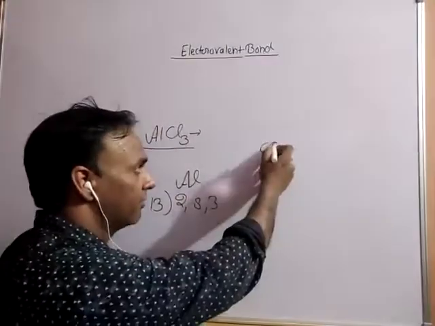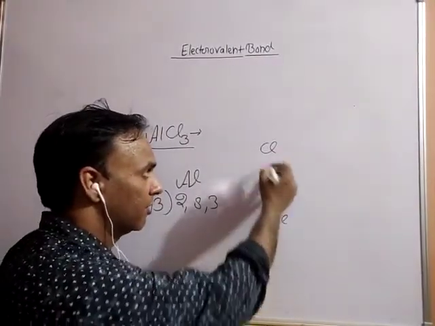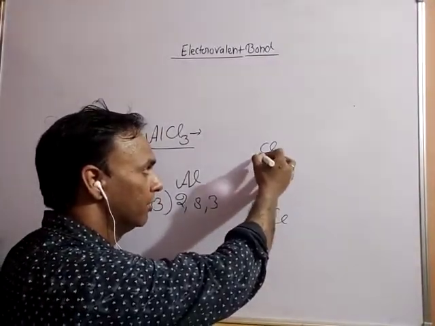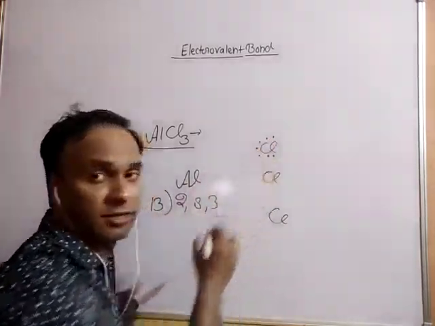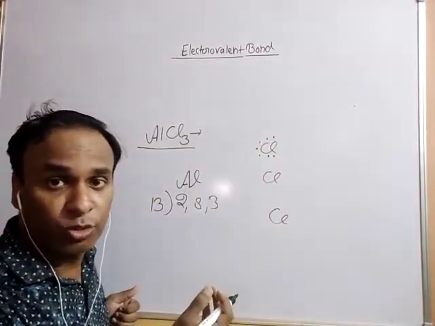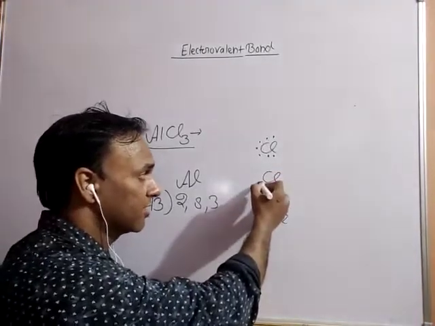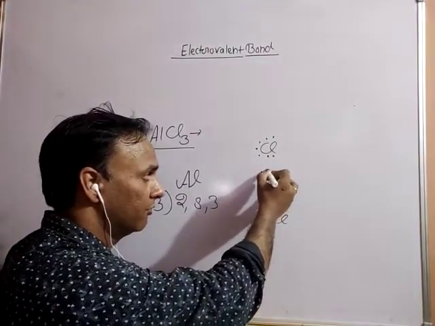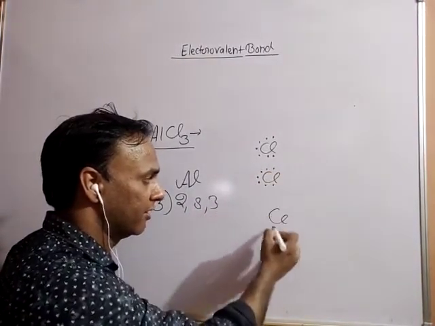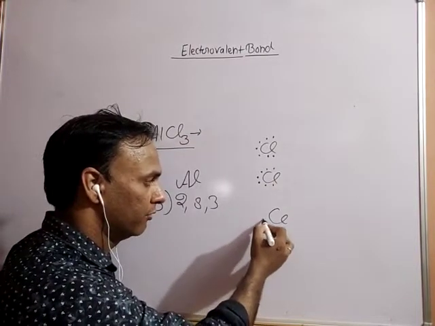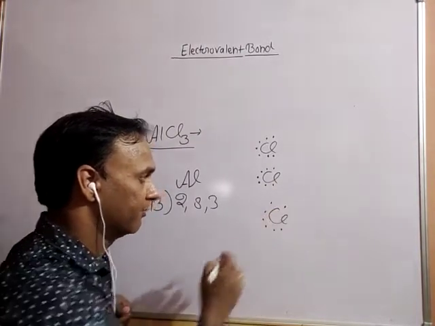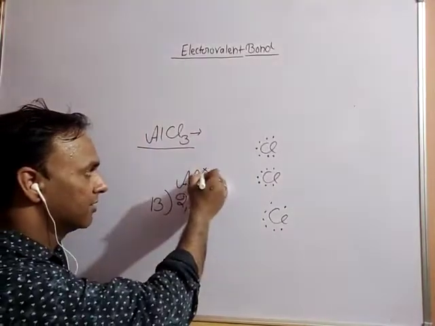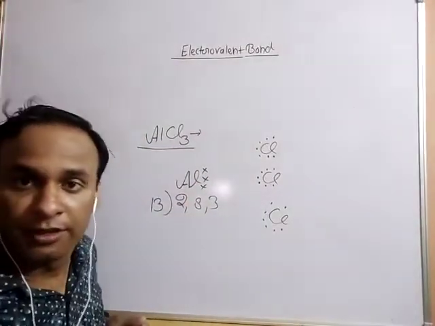And 3 chlorine atoms are linked. We know that each chlorine atom has 7 electrons, and the aluminium atom has 3 electrons. Clear?